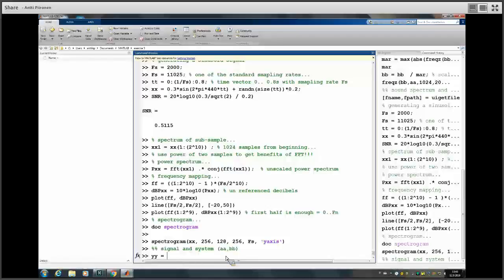So I can calculate the system output the same way as we did the impulse response, or the same way you can also do the step response. You just feed in a step. Just putting the signal here. Okay, that's the system output for that input.